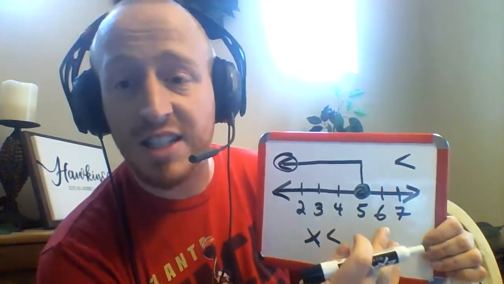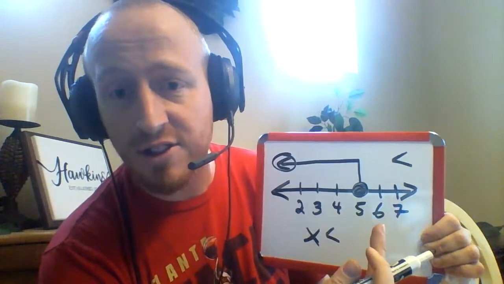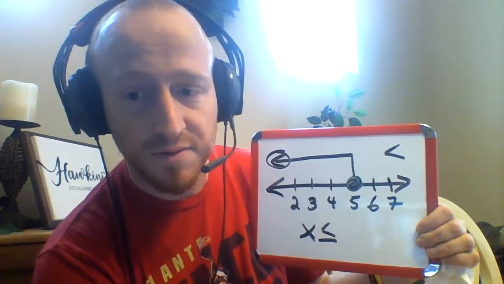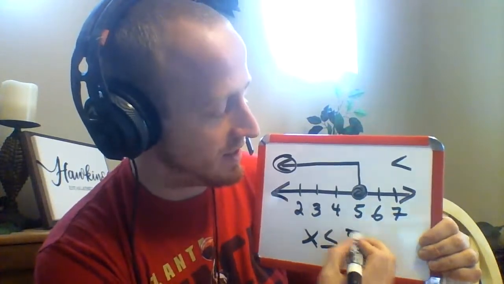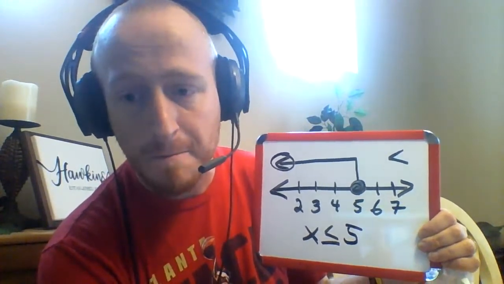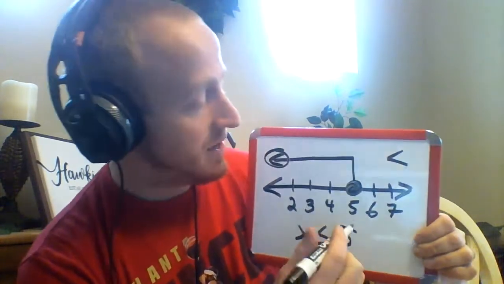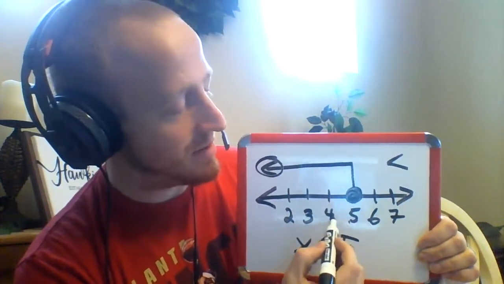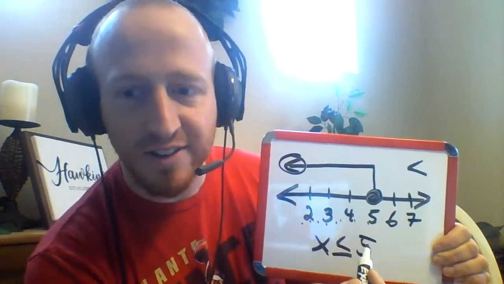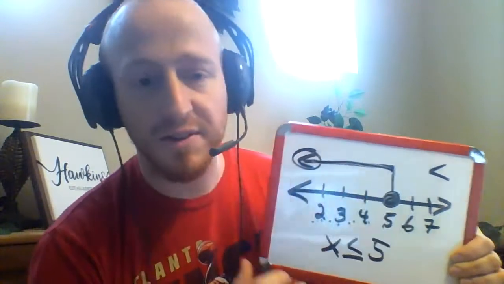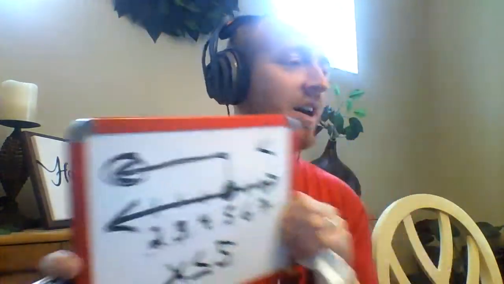If the dot is filled in, then you're going to say it's equal to. And then it's on 5, so that's the end of that. So it's less than or equal to. Plus, you can see that the numbers are getting less than 5, so there's another clue. It's going to be X is less than or equal to 5.